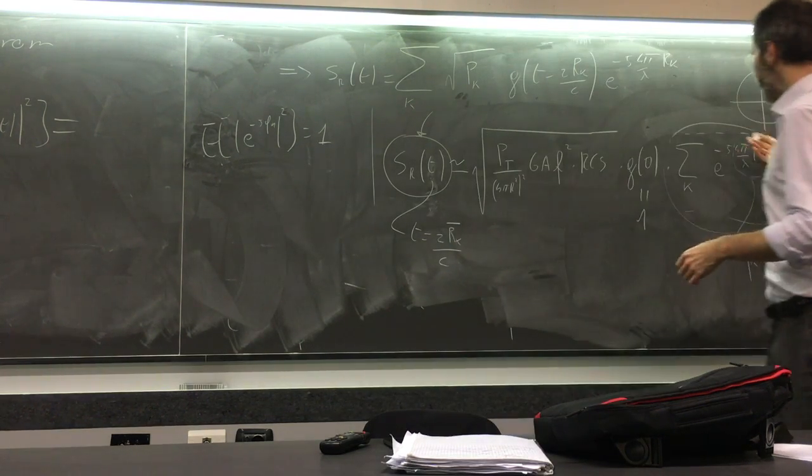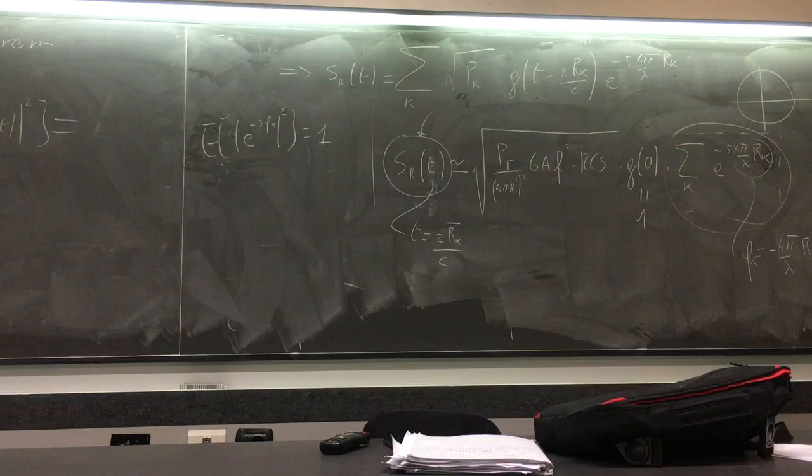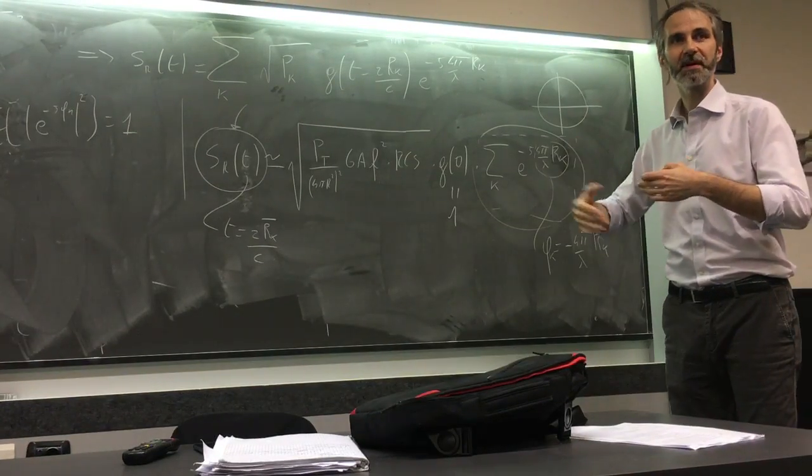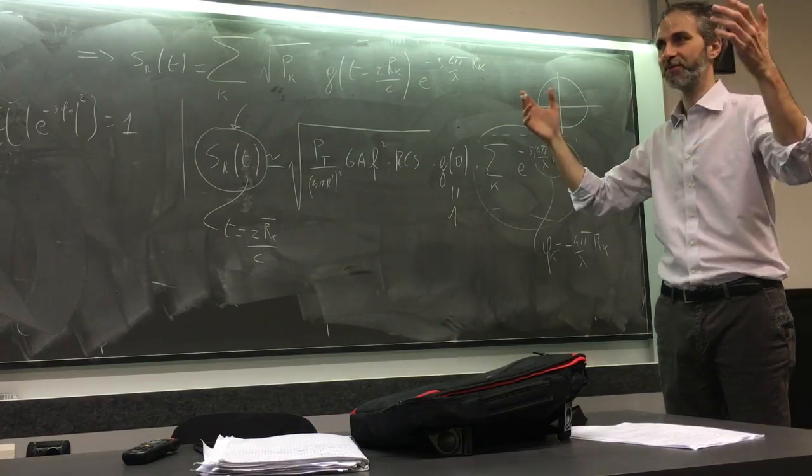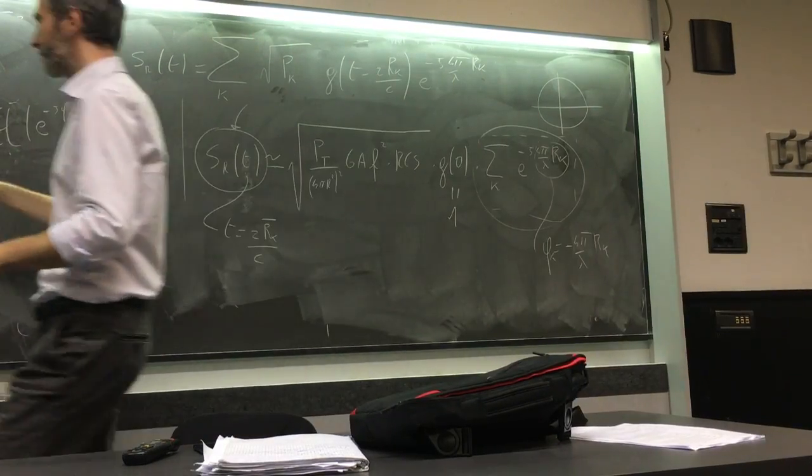Since they are independent, then you get that the variance of the sum of a number of independent variables is the sum of the variances of these variables. And so this is n.